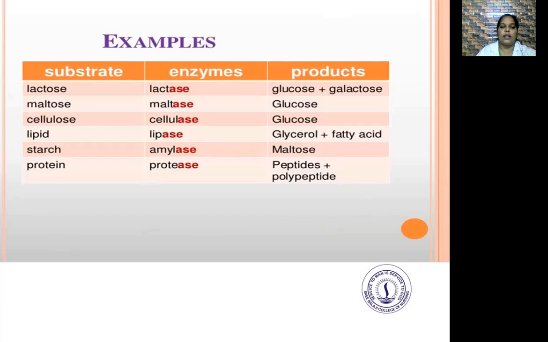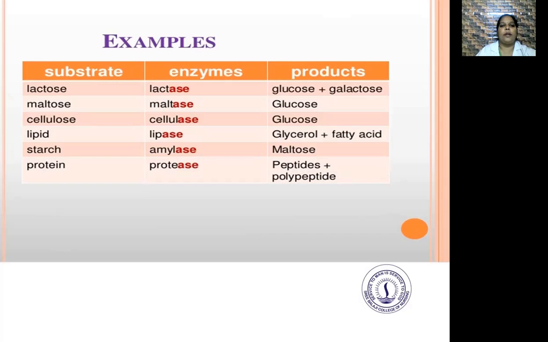First one is lactose. The enzyme is lactase, and the product is glucose plus galactose. Substrate, maltose. Enzyme, maltase, and product, glucose. Substrate, cellulose. Enzyme, cellulase. Product, glucose.